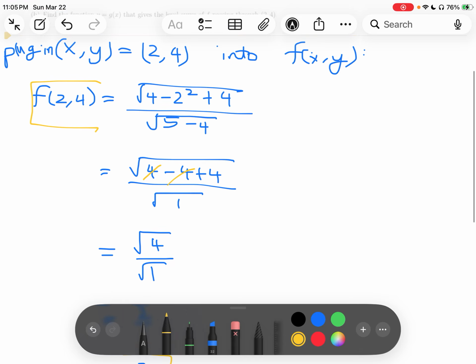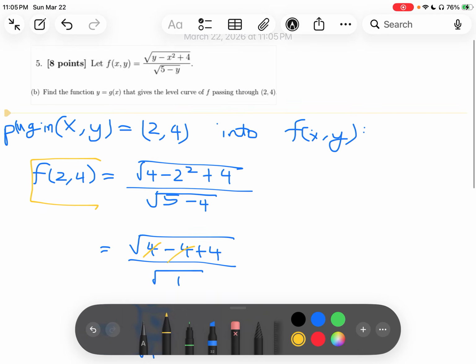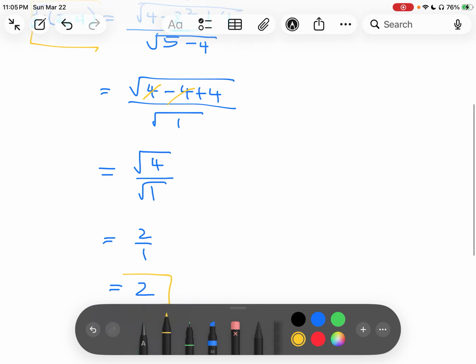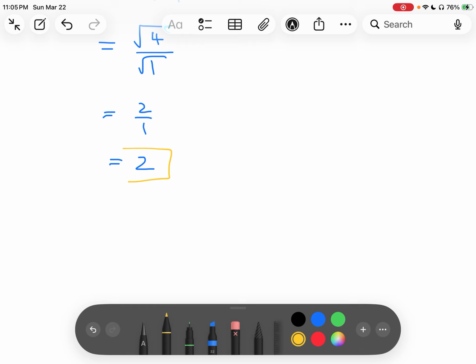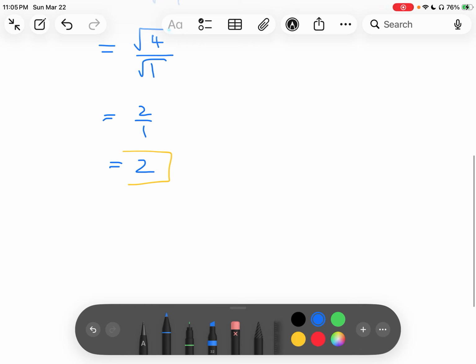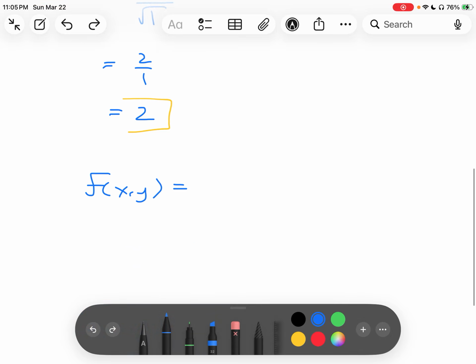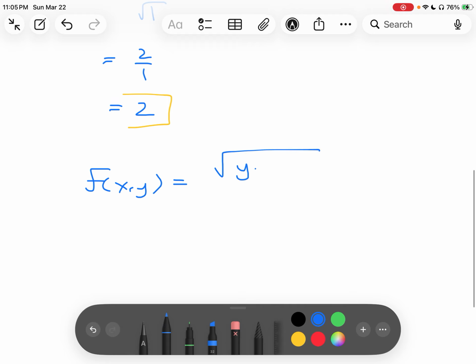Now we're going to use this, plug it into the function, and solve for y as a function of x. Let me rewrite this. The function f of x, y equals the root of y minus x squared plus 4, all over the root of 5 minus y.